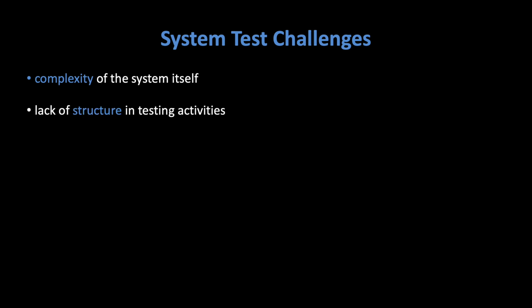All of those activities within testing those systems bring a lot of challenges. So the complexity of the system itself, of course, adds also complexity to testing. And there might be therefore a lack of structure in the test activities. Then you have dependencies of components within the system that can lead to a lot of issues in test planning, execution, and the product itself, of course.